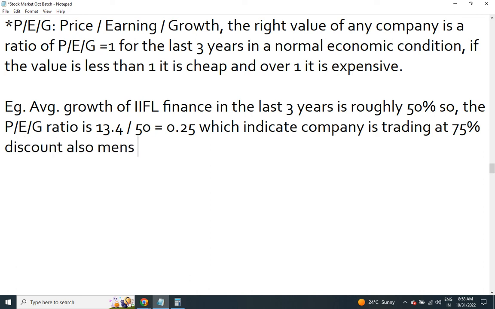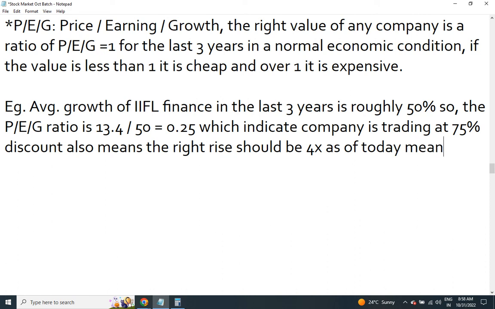It also means the right price should be 4x of today's. It should have been trading at 1600 rupees. This is called fundamental analysis.